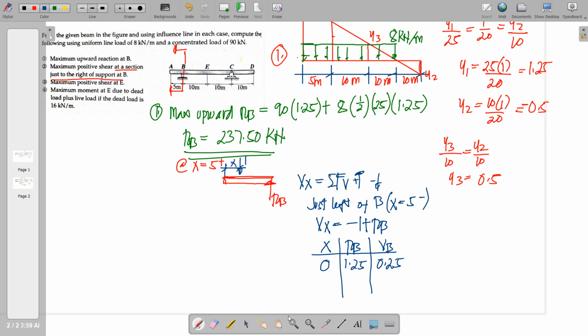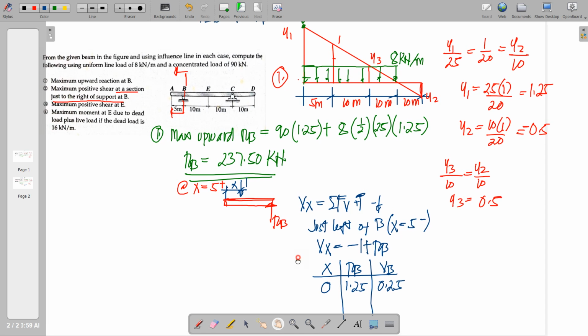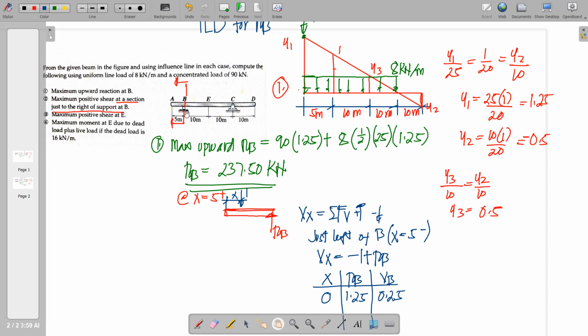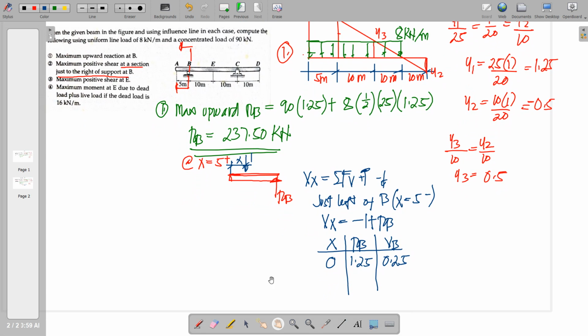Okay. And then we move our unit load exactly on point B. Still we have the value for RB, or 1. Therefore when X is equal to 5, your RB is equal to 1.